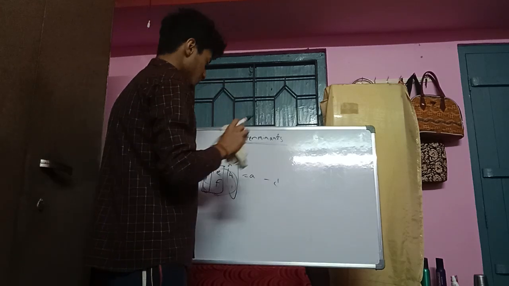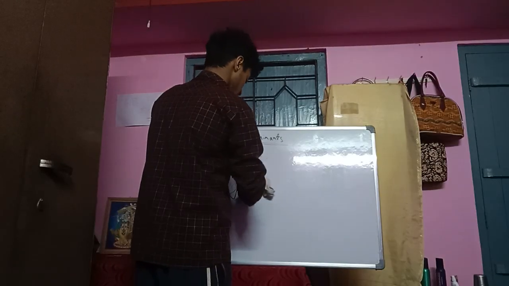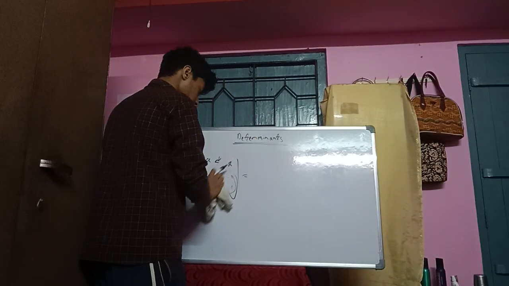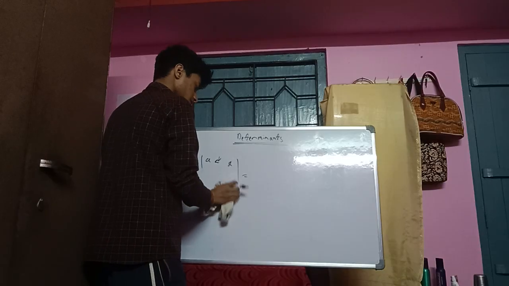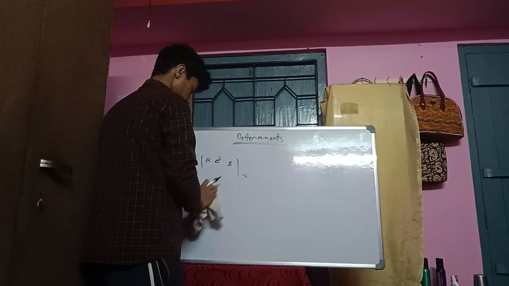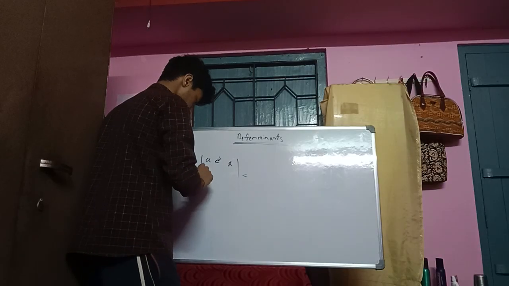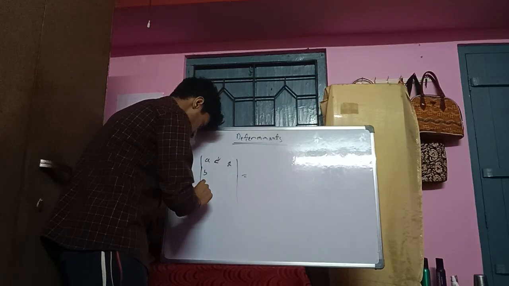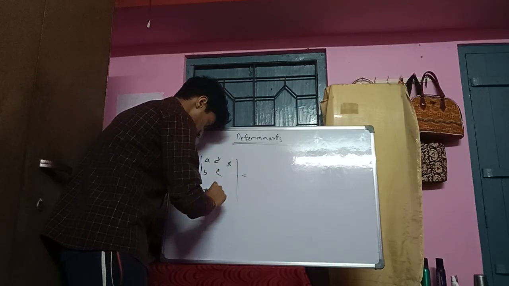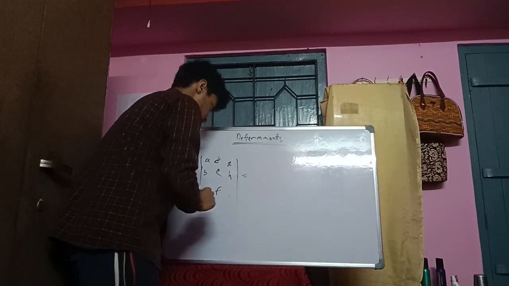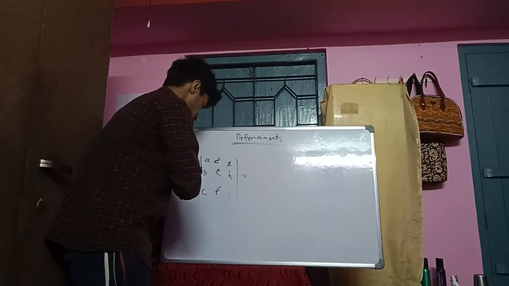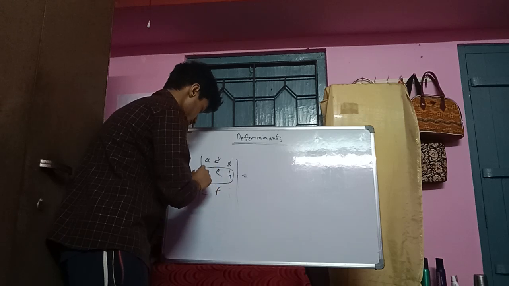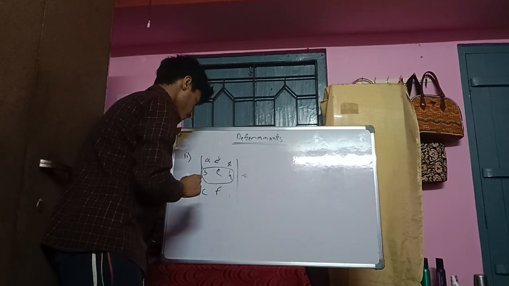But this is not the only way you can evaluate a determinant. You can take any row or any column and do this with that. What I'm basically saying is that let's say you decide to do this with this row, the second one.